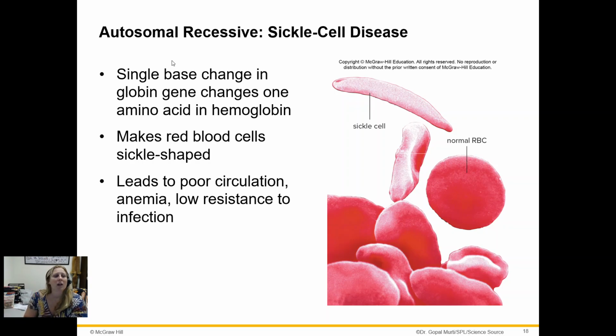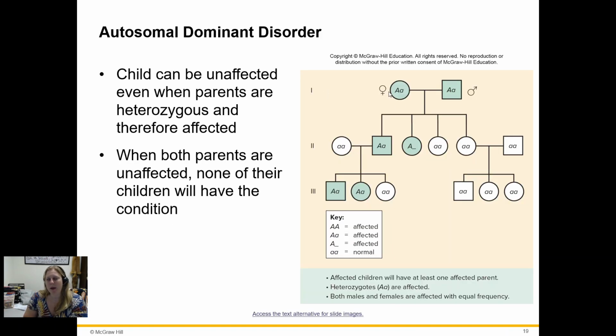Okay. When we have autosomal dominant disorders, we can tell from a pedigree because every generation is going to have individuals who are affected. And if you inherit the allele, whether you are homozygous dominant or heterozygous, you will have the trait. Okay. The child could be unaffected if the parents are affected, because if the parents are heterozygous, they can have children who are homozygous recessive.